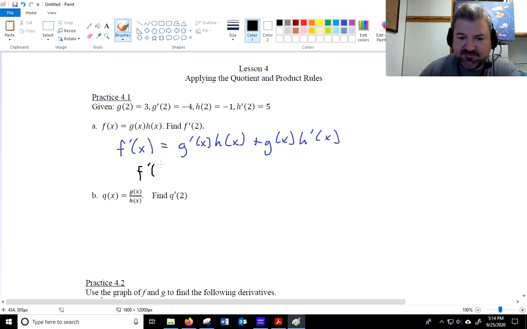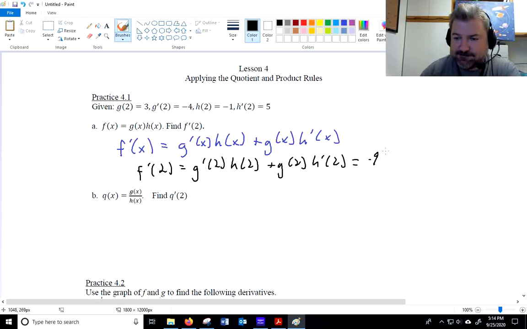So f prime of 2 is equal to g prime of 2 times h of 2, plus g of 2 times h prime of 2. g prime of 2 is negative 4. h of 2 is negative 1. g of 2 is 3. h prime of 2 is 5. So this is 4 plus 15, which is 19.